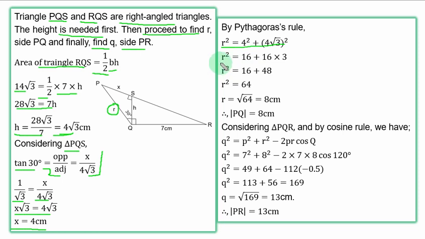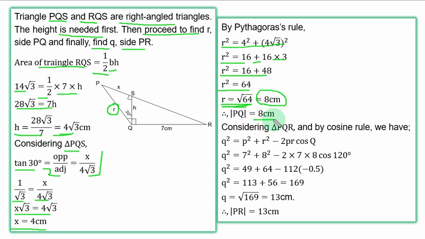And you have PQ squared equal to 16 plus 4 squared is 16 times root 3 squared is 3. And you have PQ squared equal to 16 plus 48. PQ squared is equal to 64. To get PQ, take the square roots of both sides, and PQ is equal to 8 cm. Therefore, PQ is equal to 8 cm.